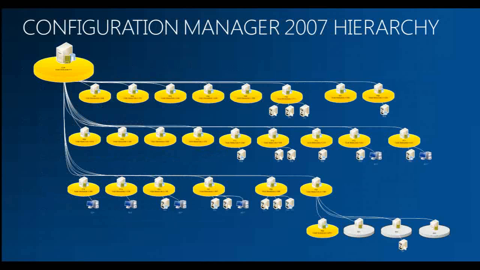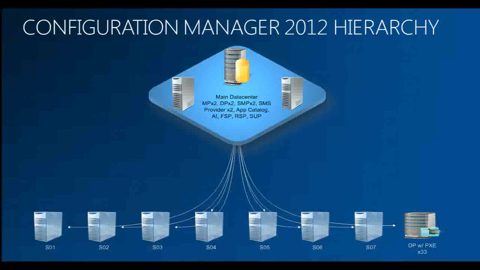So, remember back to our 2007 hierarchy. It's kind of ugly, right? 25 SQL databases, 25 locations, 25 primary sites, management all over the board. What does our 2012 hierarchy look like? We have a single primary site.